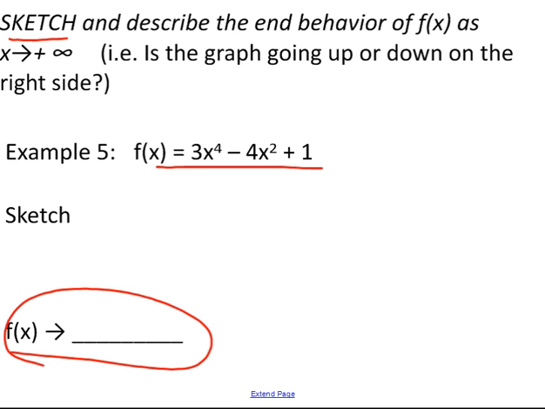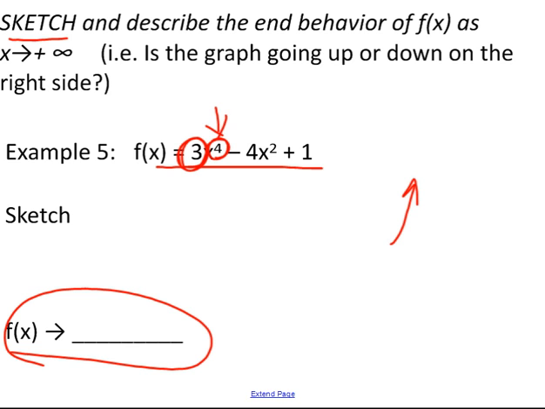So, two things you need to be aware of. The first is the degree of the polynomial. It's 4, which is even. So both ends are either going to go up or down. The second thing we have to look for is whether the leading coefficient is positive or negative. 3 is a positive number, so we know the right side has to go up.